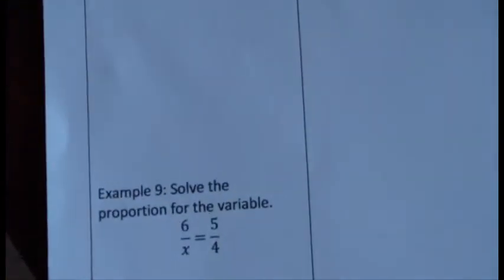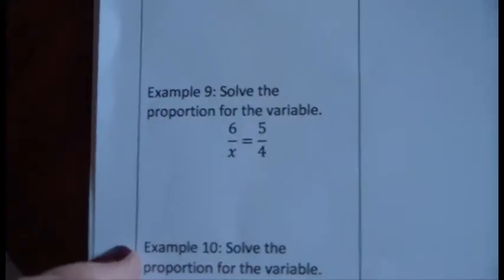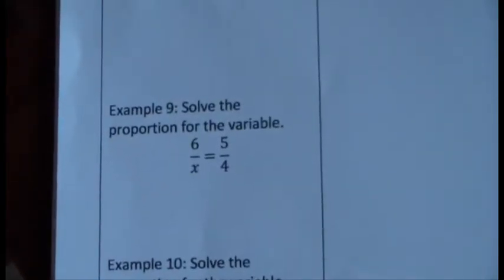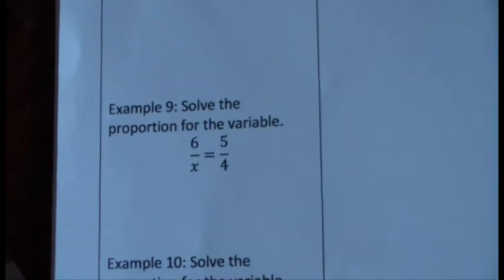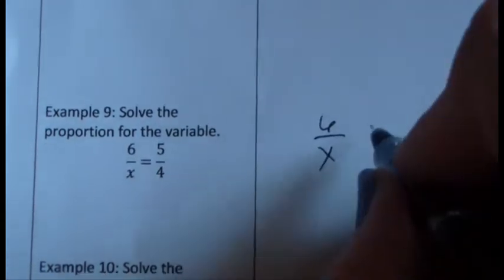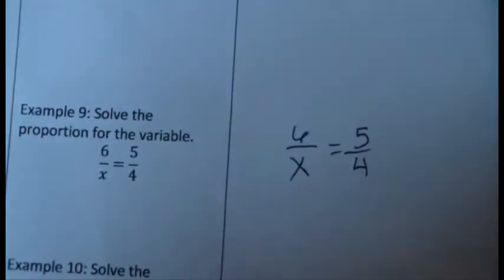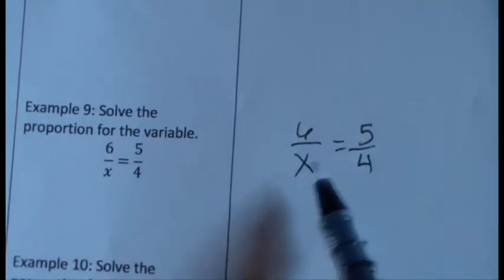All right, so let's try out our first example of a proportion. Example 9 says to solve the proportion for the variable: 6 over x equals 5 over 4. So we know our extremes are 6 and 4. Our means are x and 5.